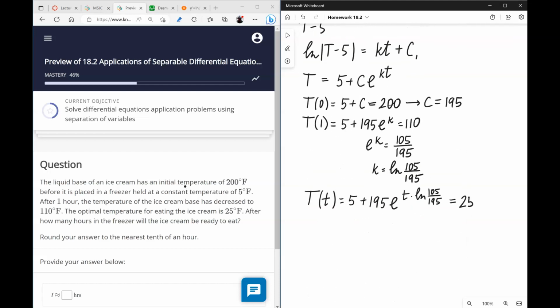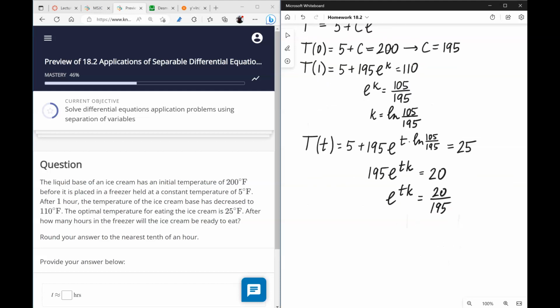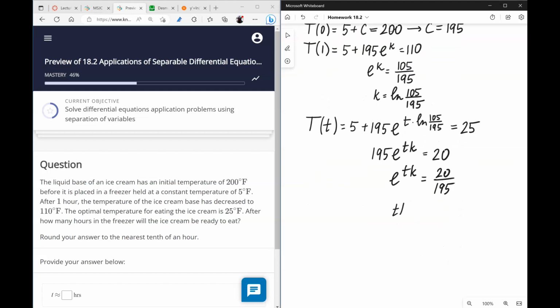And the question was to find t when the temperature is 25. So let's set it all equal to 25 and let's solve this equation. So we have 195 e to the power tk. I'll just go back to k to save some time. This is equal to 20. E to the power tk is equal to 20 over 195. And tk is equal to ln of 20 over 195. And t is equal to 1 over k times ln of 20 over 195.